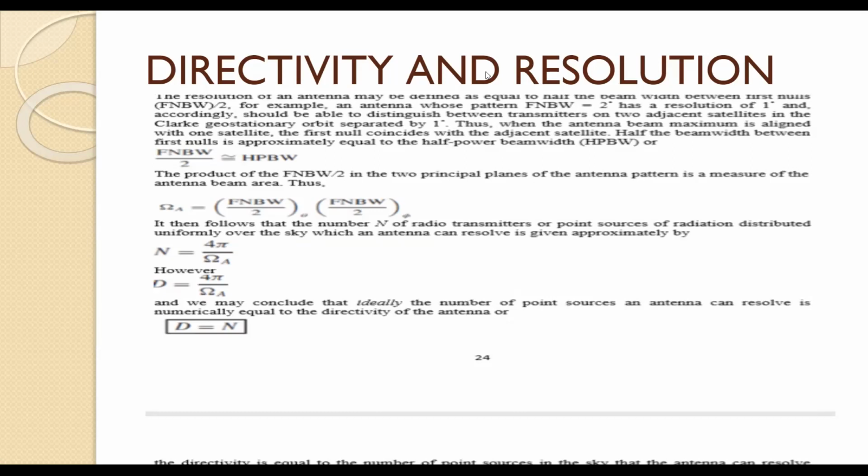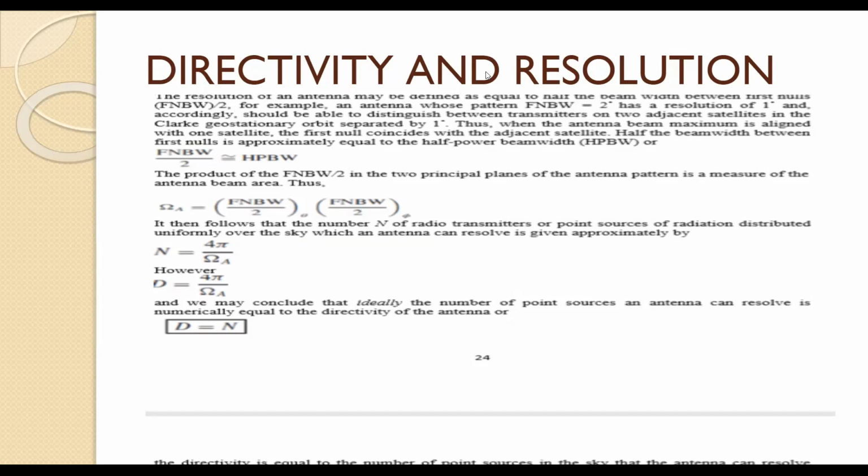For example, if the antenna whose pattern FNBW equals 2 degrees, it has a resolution of 1 degree. According to that, when the antenna beam maximum is aligned with one satellite, the first null coincides with the adjacent satellite.